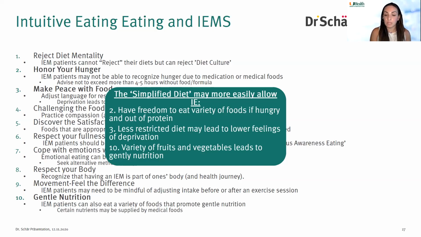So if a patient is hungry, having an option of foods to eat that may not push them out of their protein range. As far as making peace with food, there's less restriction on foods that may be available, and that may lower their feelings of deprivation. And then principle 10, having a variety of fruits and vegetables leads to more gentle nutrition.